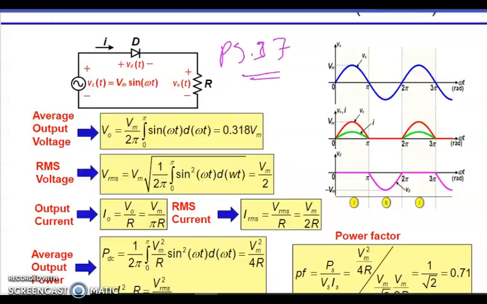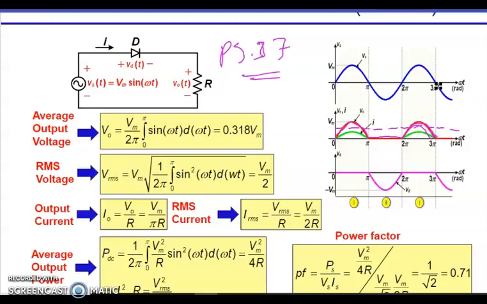Okay. And how to derive the equation. In general, for V out, if we measure the instantaneous V out, this is the pattern. But when we measure using a scope or using a multimeter, we are measuring the average output, or we are measuring the RMS output.